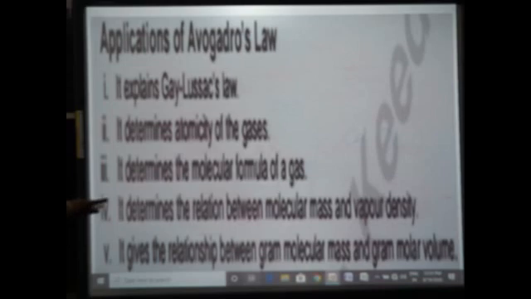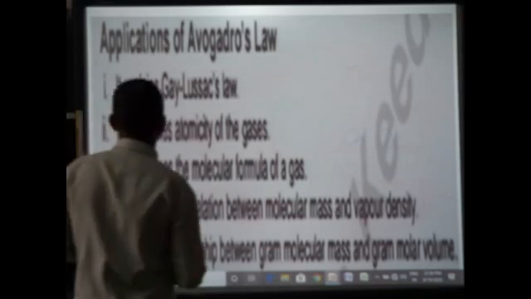It gives the relationship between gram molecular mass and gram molar volume. So this relationship is also established by using Avogadro's law. What is the relation? Gram molecular mass and gram molar volume. The relationship between gram molecular mass and gram molar volume can also be established by using Avogadro's law.